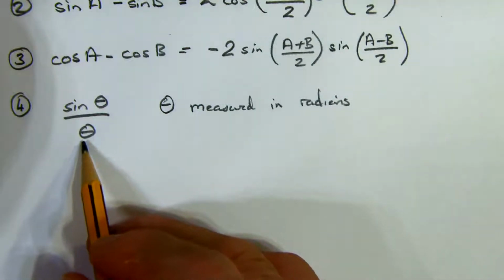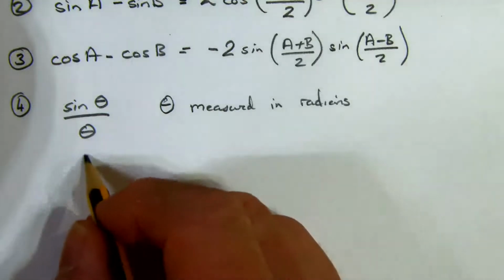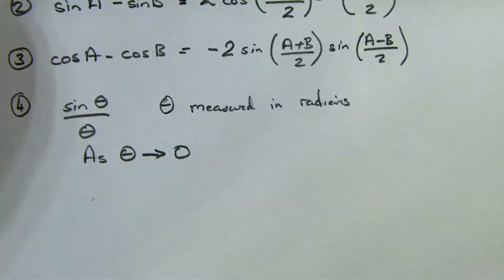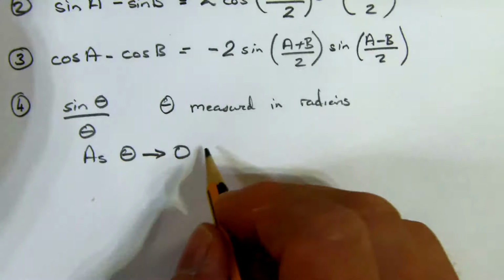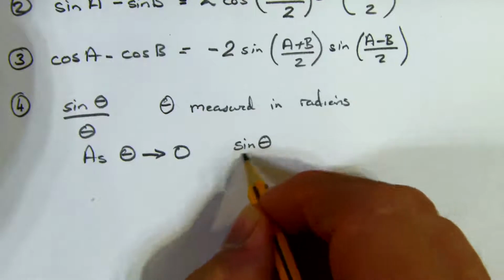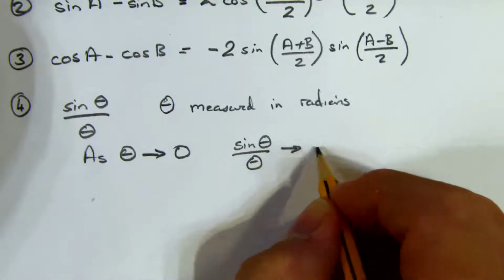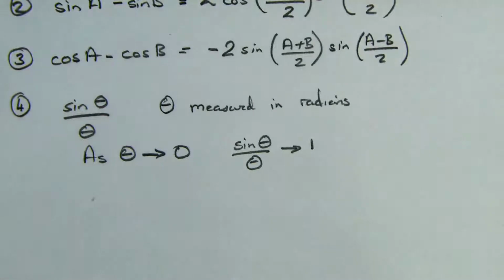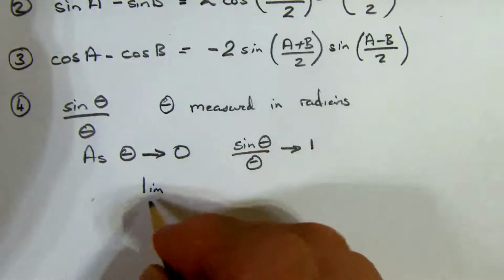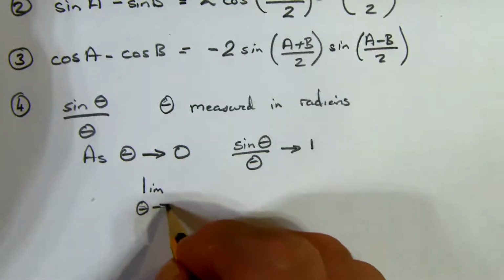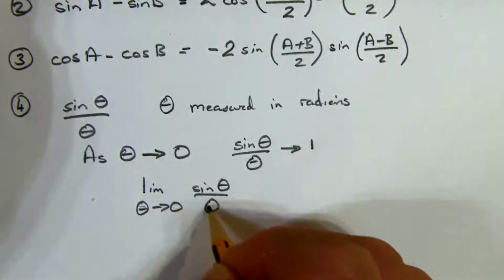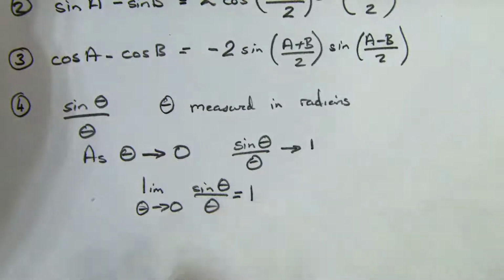We're going to find that as theta here tends to 0, then we're going to see that sine theta over theta will tend to 1. So if we write that, the limit as theta approaches 0 of sine theta over theta is going to be equal to 1.